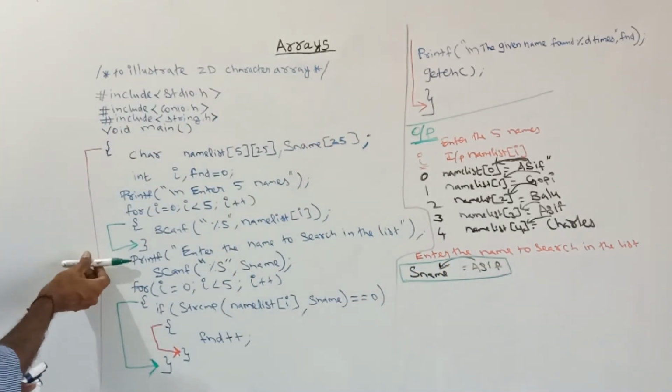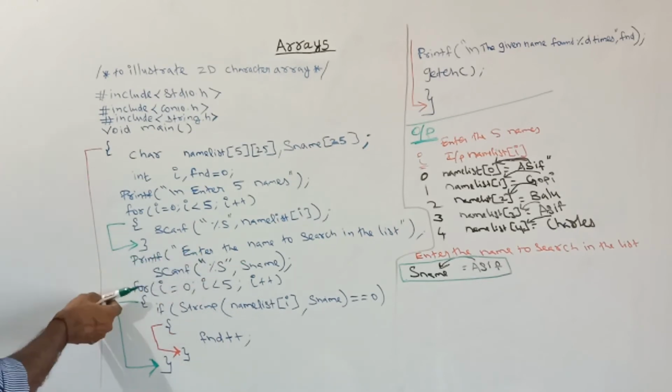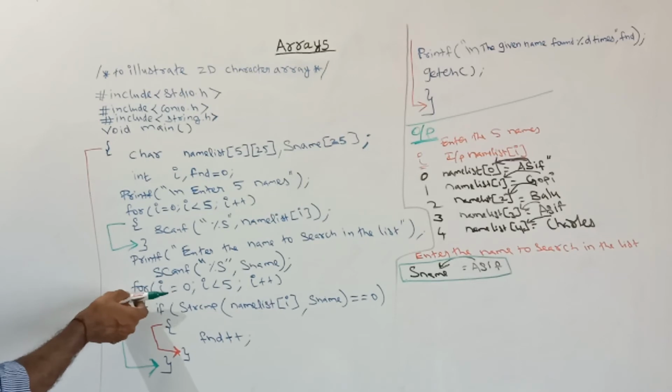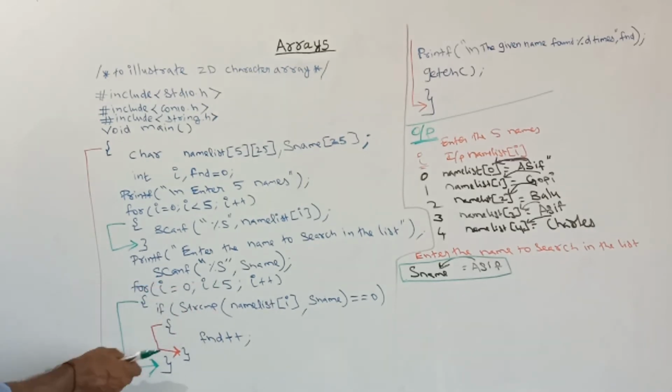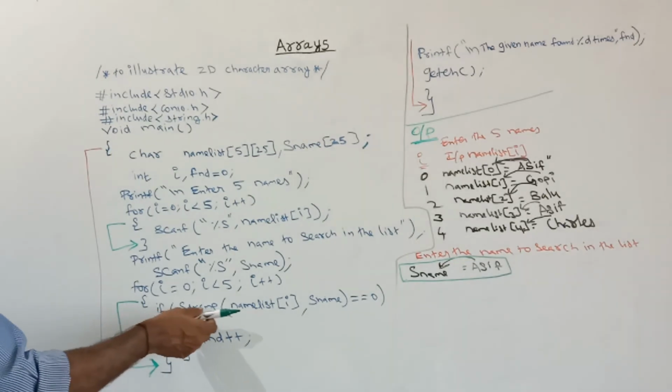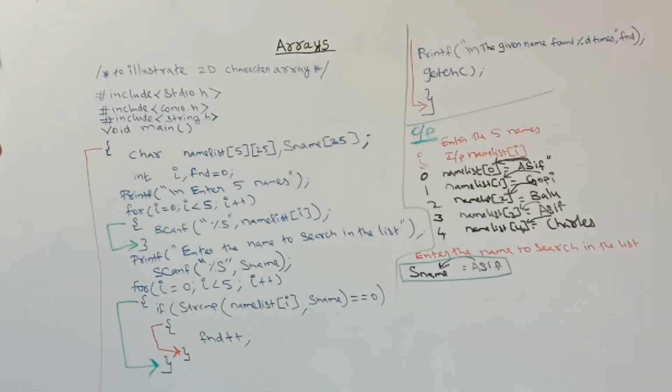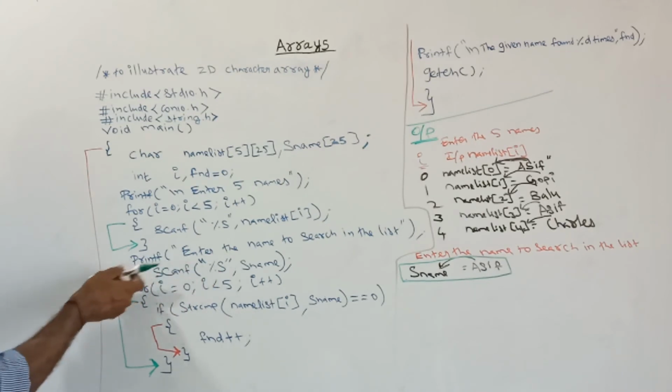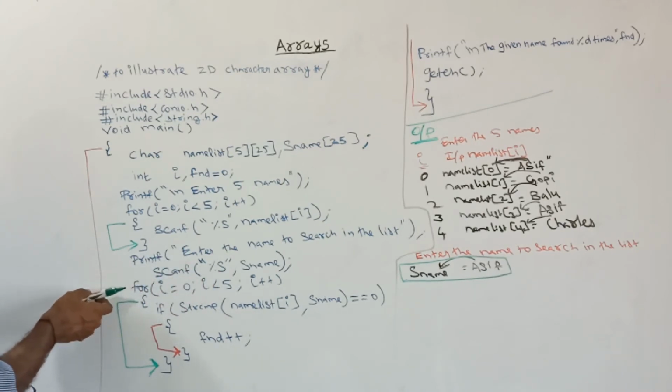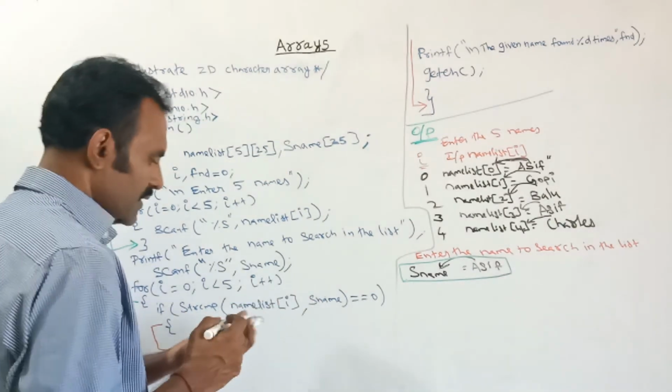After getting the input to sname, another for loop is there. The i value will be initialized to 0 and run from 0 to 4, totally 5 times. Inside this for loop I am comparing sname with the name list. After getting the input to sname, the controller will come here, where I am using another for loop.